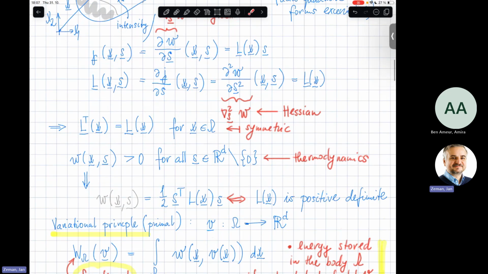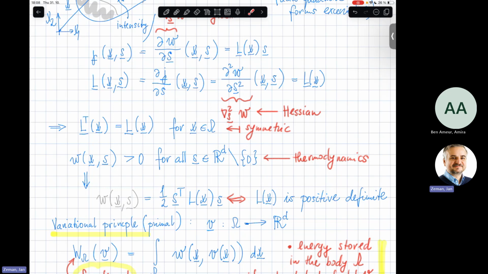I also was trying to put forward that because of the properties of the second derivative, this matrix L has to be symmetric, which was strictly speaking not needed before in the PDE approach, but it has really good physical grounds.